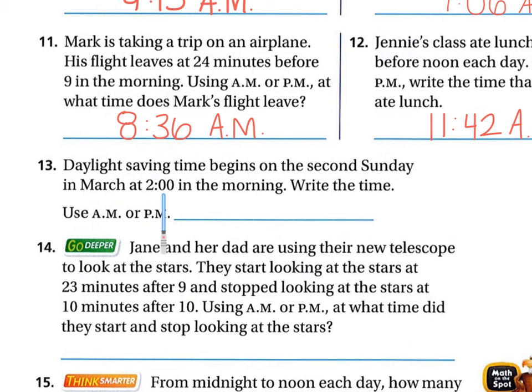So really all they're asking us is to write this time with AM or PM. Now it says in the morning, so there's your big clue. Remember that when we're in the morning, we are at morning, that is AM. So the answer here for number 13 is 2 o'clock AM.